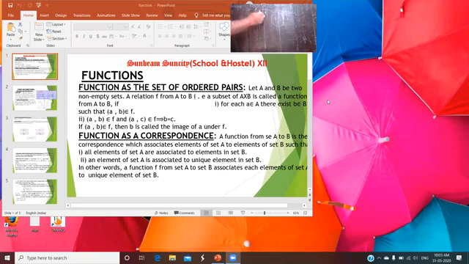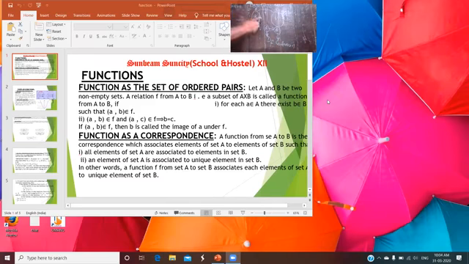So if the relation is from A to B, that can be written as F such that A to B. In that case, if all the elements of set A are related to set B, the complete set A becomes the domain of F, all the elements which are mapped to the elements of set A are known as the range, and the complete set B is known as the codomain of F.